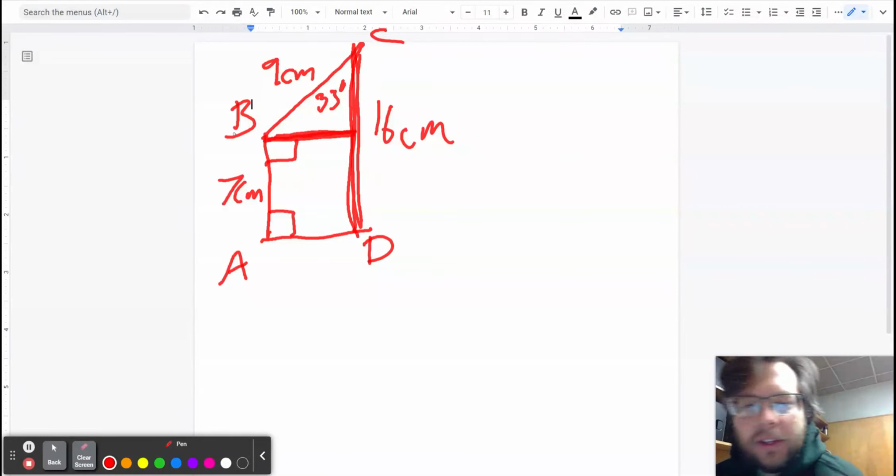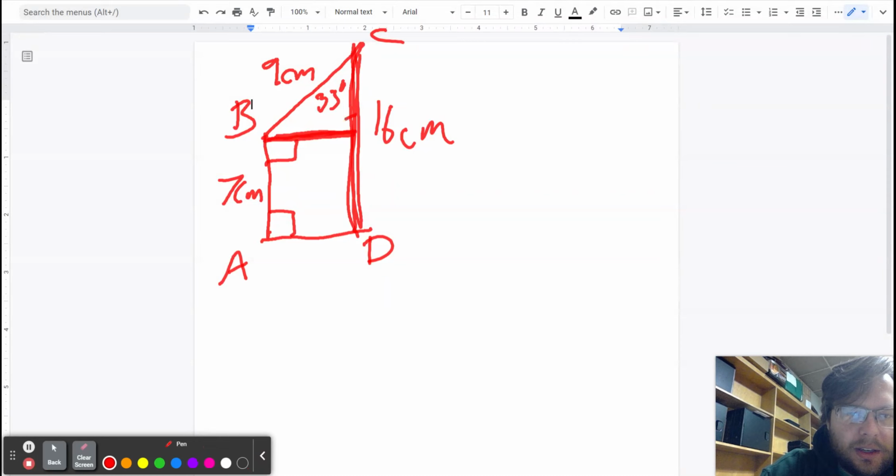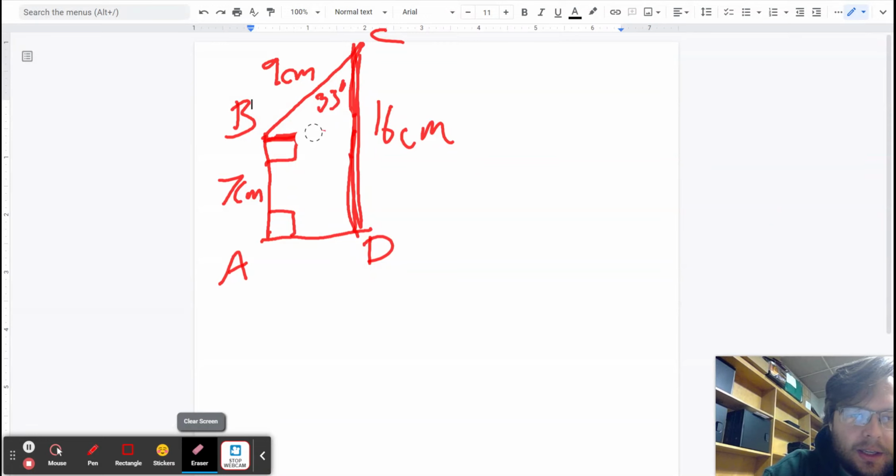Let me explain what I was thinking. I was hoping that that would make a right angle over here, but I guess I don't really know that it does that. So I'm going to change my mind. I'm not going to do that.